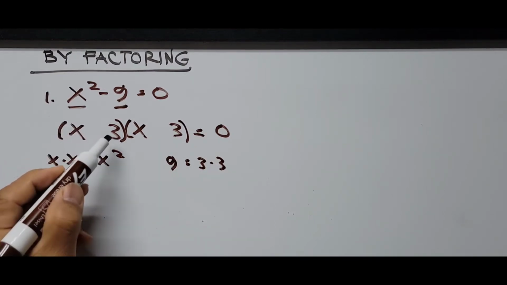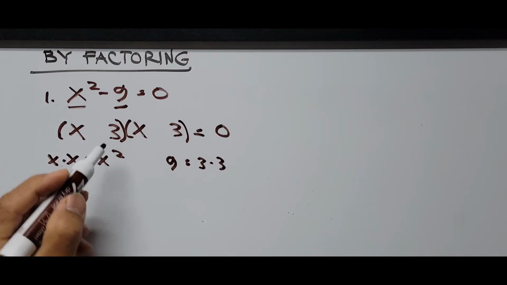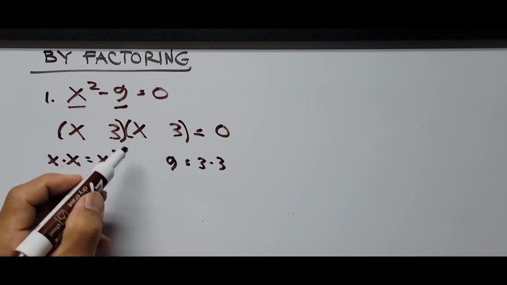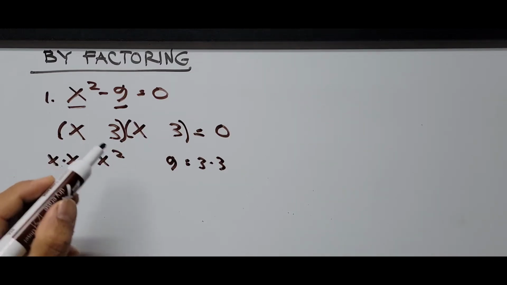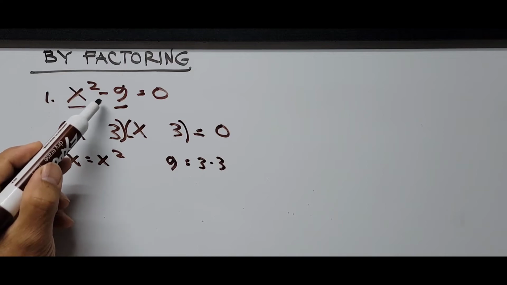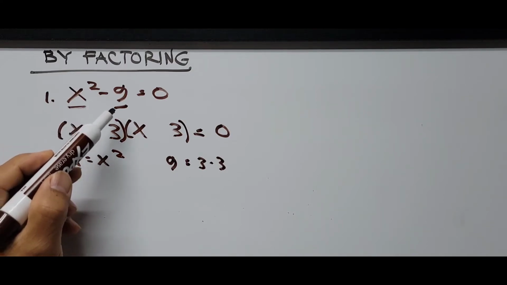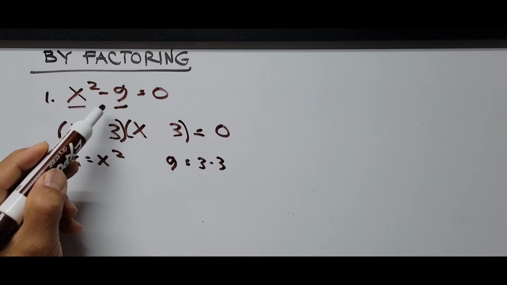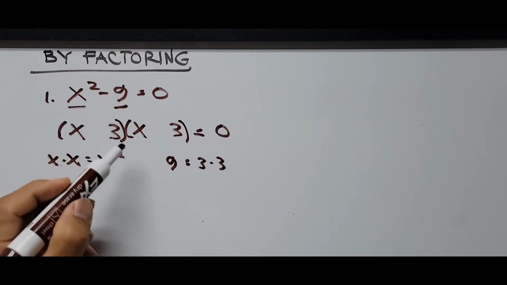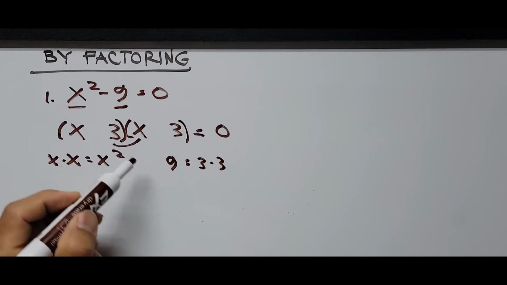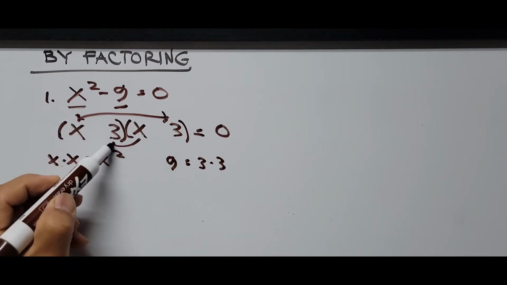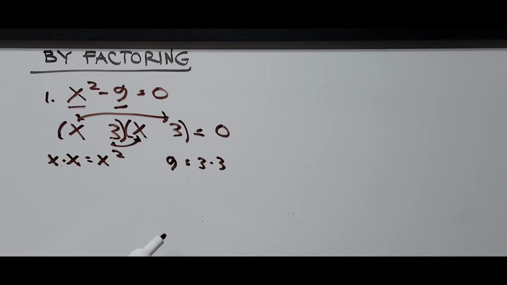And getting the sign, we are dealing with positive and negative values. If you notice, there's no middle term over here. The term with the x variable is missing. So in getting the middle term, we add the sum of the inside and outside terms of each factor.